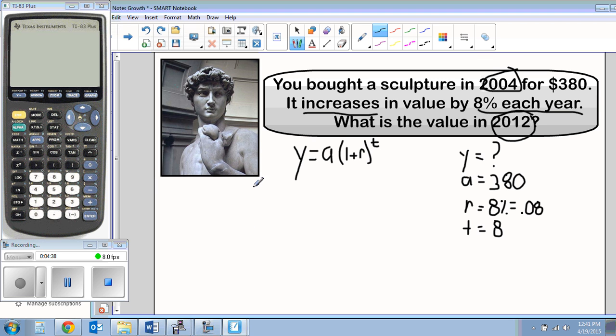So I plug this information in. Again, I don't know what y is. My A value is $380. That's my initial amount. Then I'm adding my rate, which is 0.08.